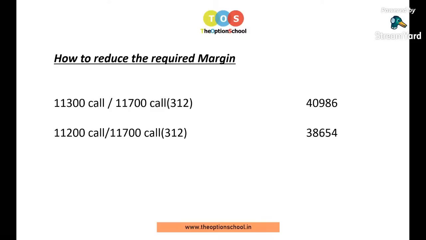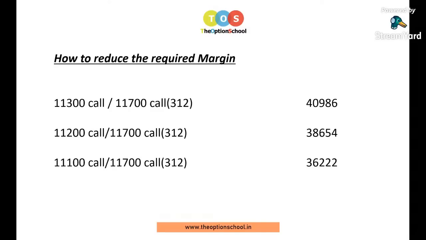See this 11,200 call. When we purchase 11,700, the margin required is 38,654, and for the 11,100 call, when you buy the 11,700 call, I don't know why this phenomenon is happening, the margin required is getting further lower. Maybe the amount of premium you have picked by selling 11,100 is slightly more, so it is becoming more beneficial, right?